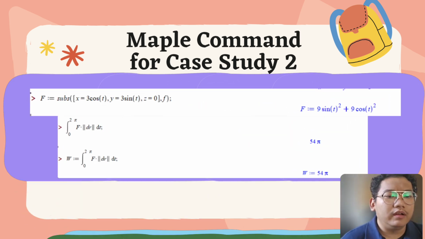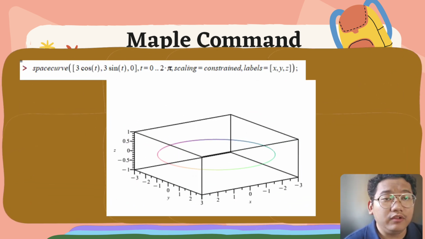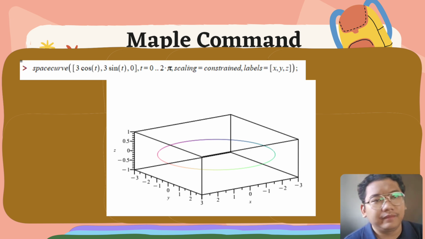Then we substitute the value of r into f, and then we calculate the integral of w, which is the heat distribution. Using the space curve function, we display the heat distribution throughout the ring.